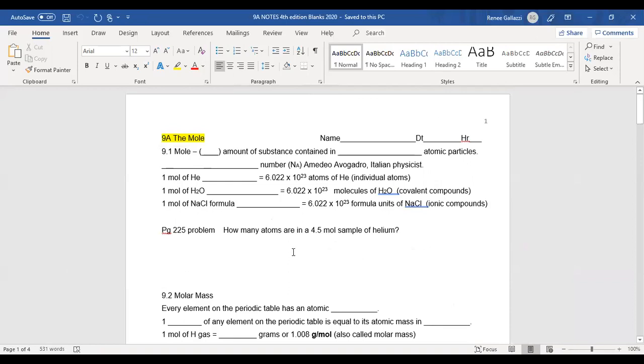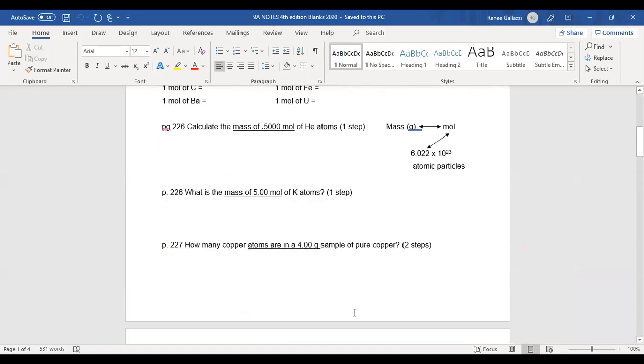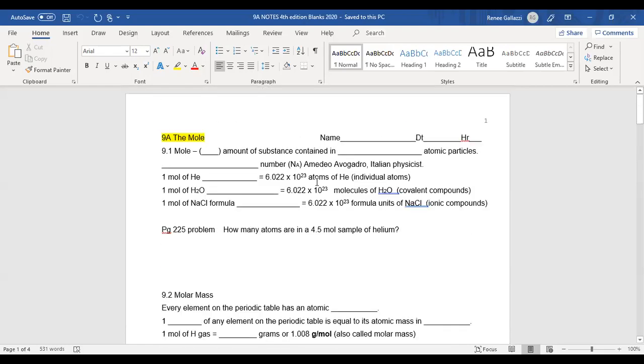If you can't print it, you could type it in. But I would suggest anywhere there's a math problem, you do that on your own paper if you're unable to type it in. It'd be a little cumbersome to type it in with calculations. But these are your notes for 9A, the first part, and our periodic table.